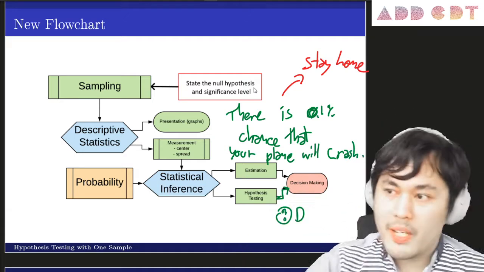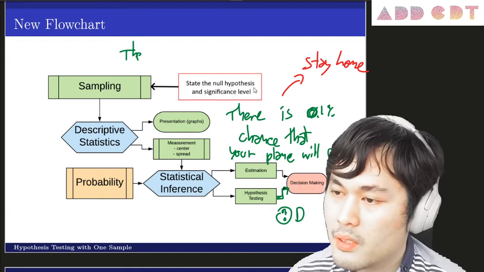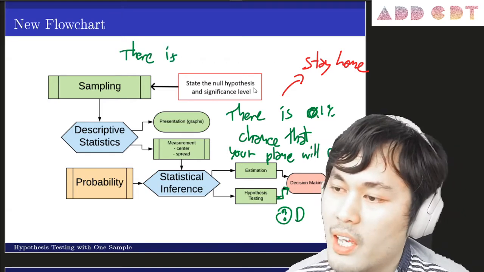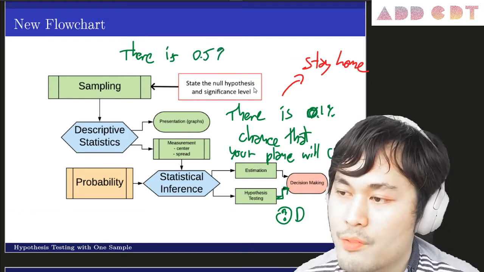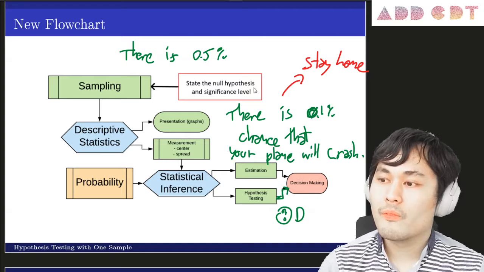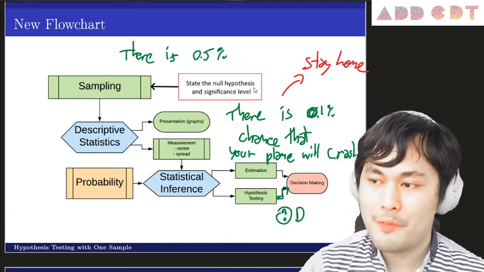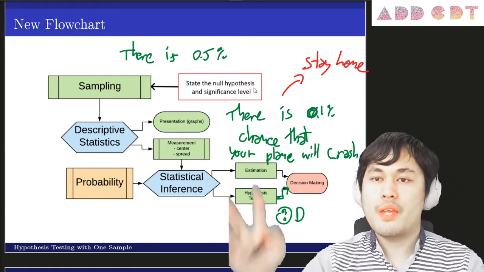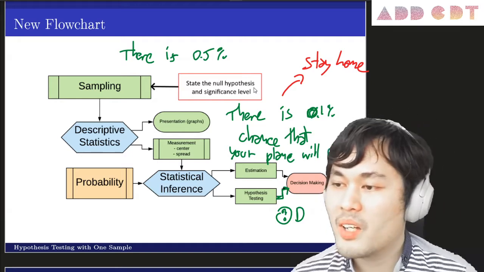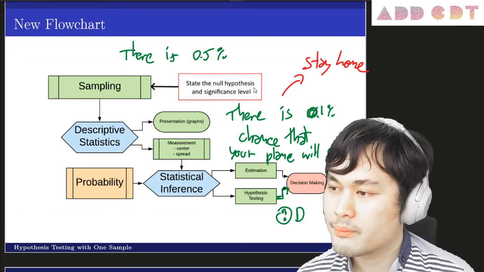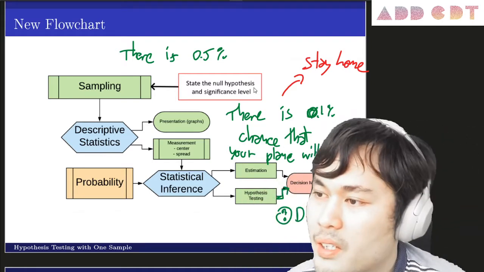Maybe next week you are trying to fly again, and someone tells you that the chance is now 0.5, because the weather gets worse, or because no one wants to fly, or whatever. Then you say that's higher, so I should stay home again, right?